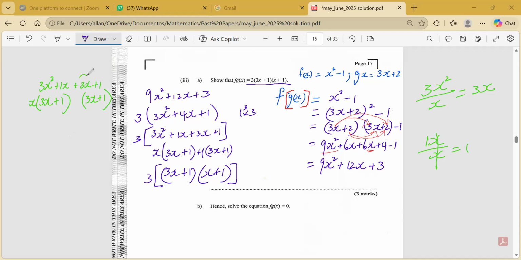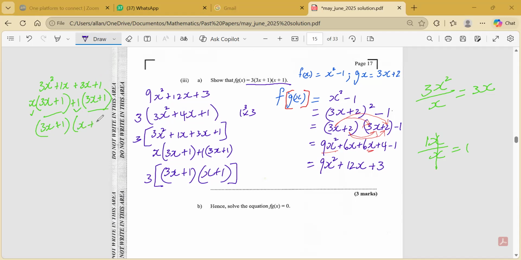So you're dividing this by this, and this by this. You'll get 1. So that's how we have 3x. What's in the repeated? 3x plus 1. And what's on the outside?